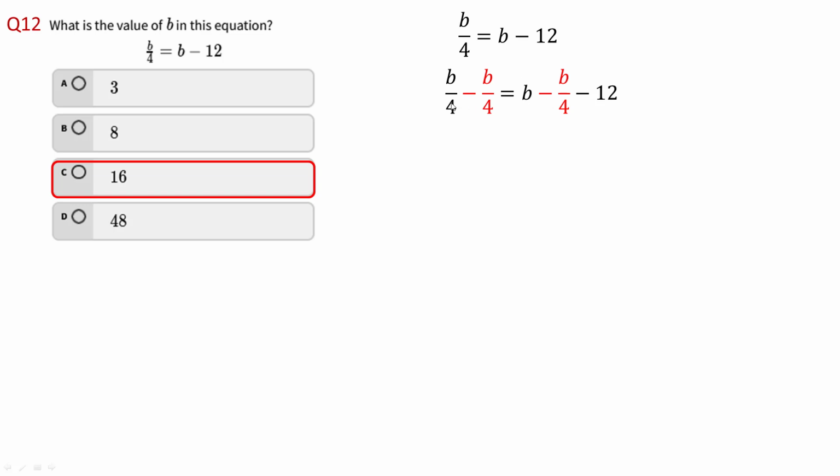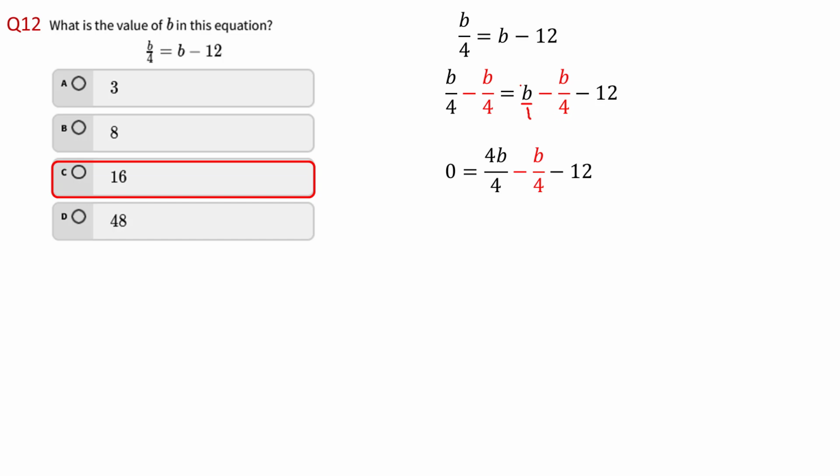Now because the b over 4 is positive, I'm going to subtract b over 4 from both sides. Okay, and then this is going to be 0 here on the left. And then this is going to be my b term once I simplify this. The b here is the same as b over 1.